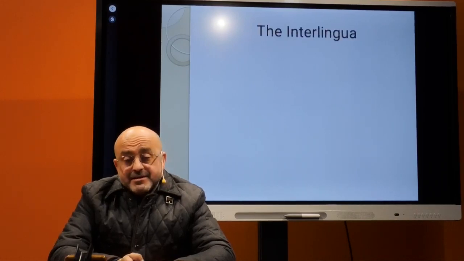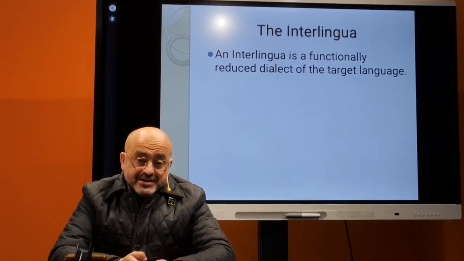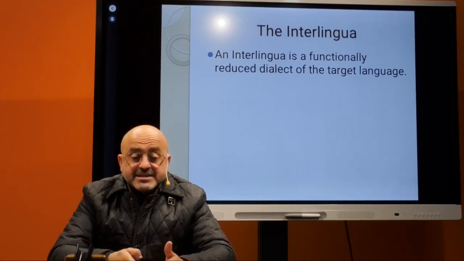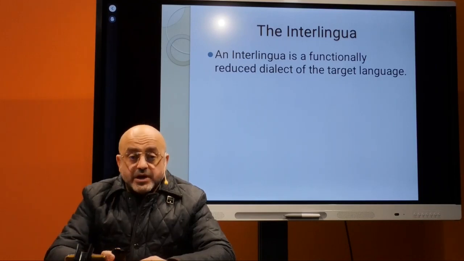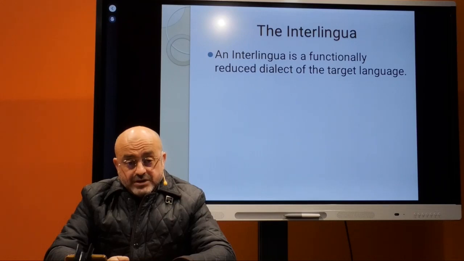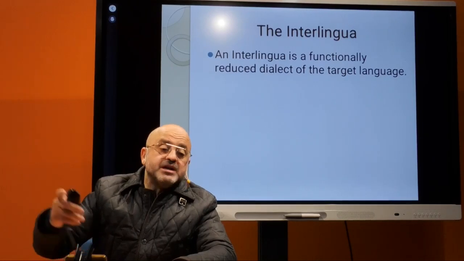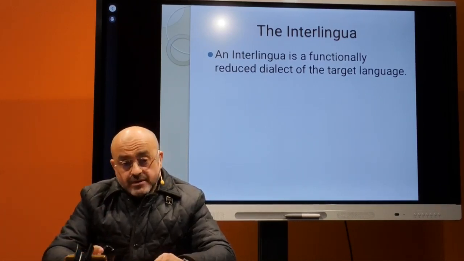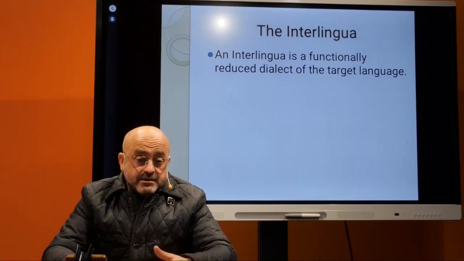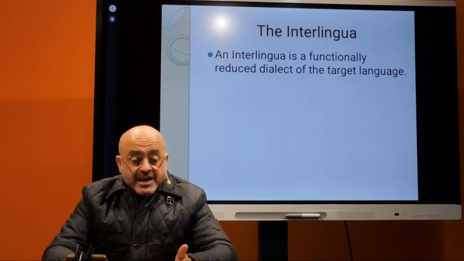Now here, when a learner is learning a second language, it's like there are stages in front of the learner before reaching near full mastery of the target language. And here, before reaching that full or near full mastery of the second language, he can come up with what we call an interlingua, which is a reduced dialect of the target language.